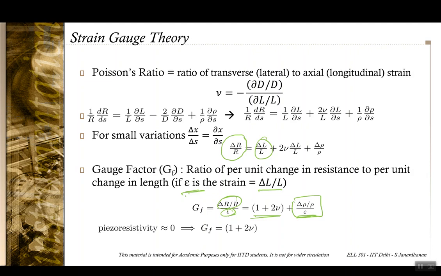However, in most materials, the resistivity is not going to change much with change in length, at least not at the scales at which the strain is subjected in usual applications. So you can assume that Δρ is going to be equal to 0, which simplifies the gauge factor relationship to be 1 + 2ν, where ν is the Poisson ratio of the strain gauge material.